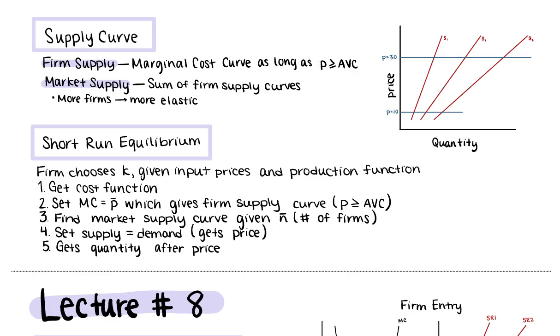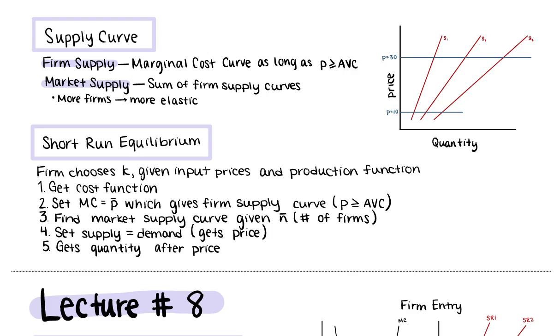Okay, so that's a very important conclusion. Sorry, the supply curve. In the short run, your supply curve equals your marginal cost above your shutdown point.